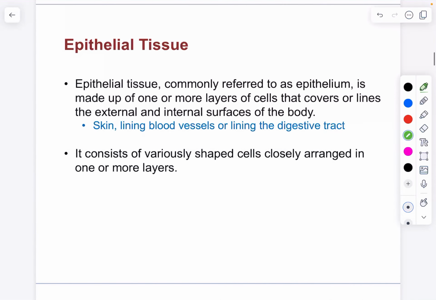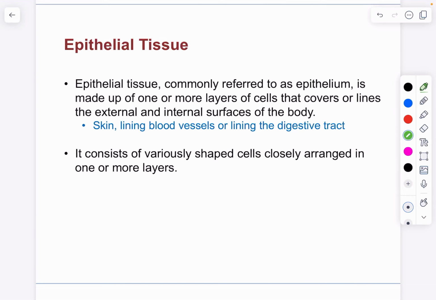All right, so let's sort of define what epithelial tissue is. Epithelial tissue, it's commonly referred to as an epithelium. It is made up of one or more layers of cells that covers or lines the external and internal surfaces of the body. And I gave you a few examples already.